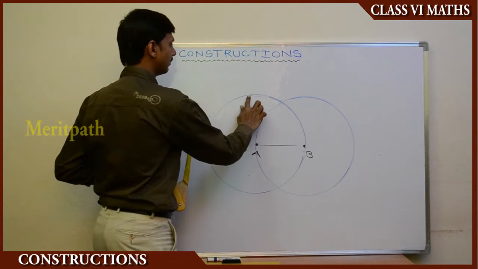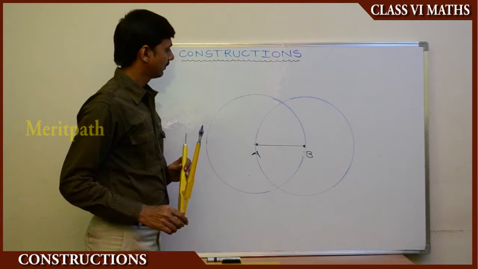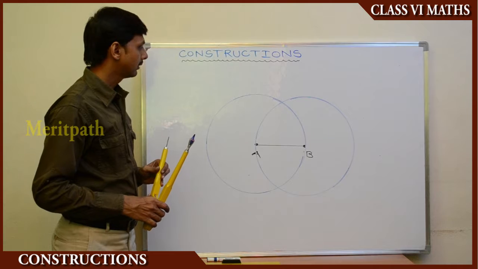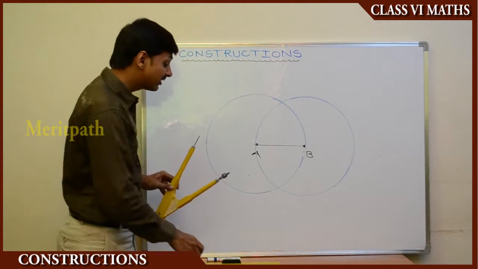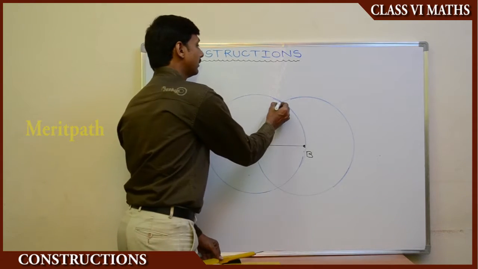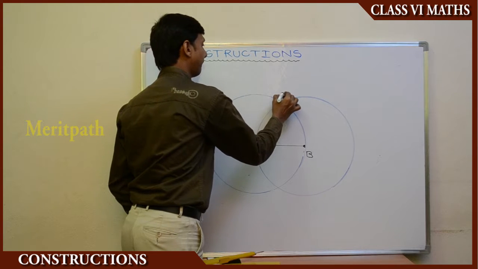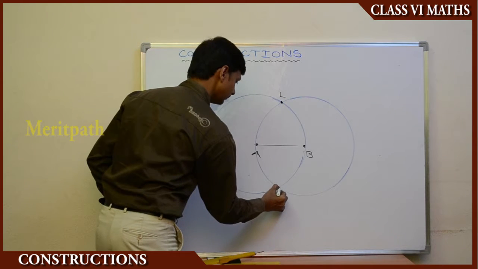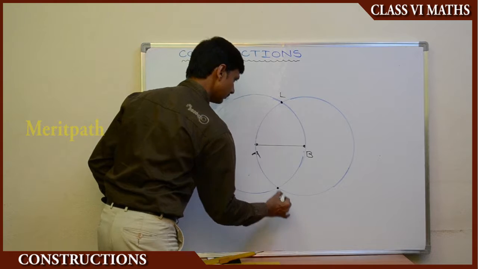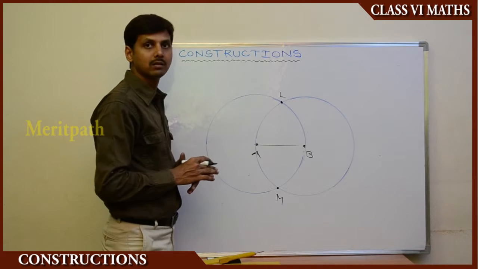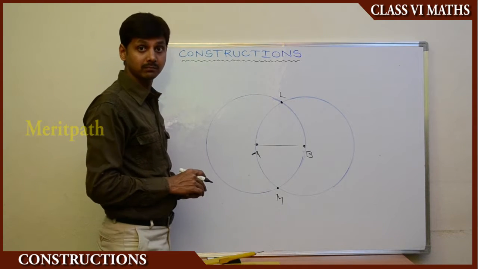We have drawn it. So we got two circles. The two circles are intersecting at 2 points. Let's name them L and M.